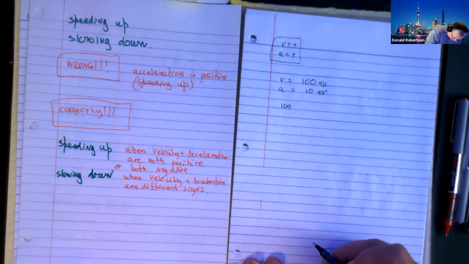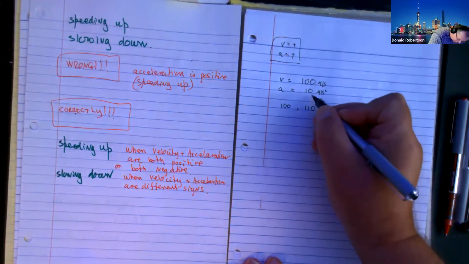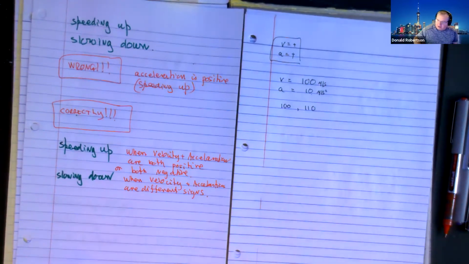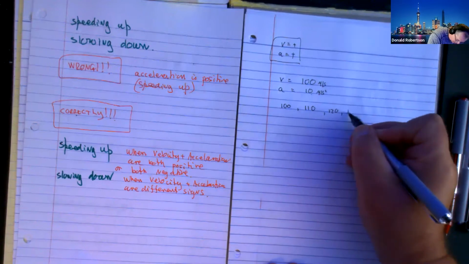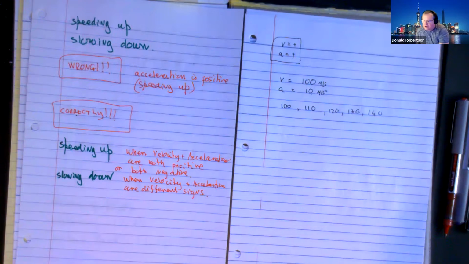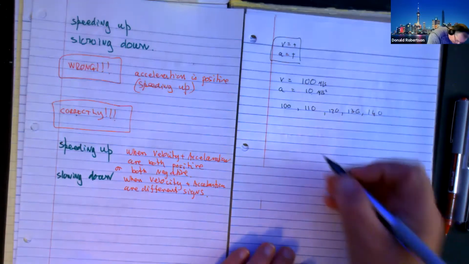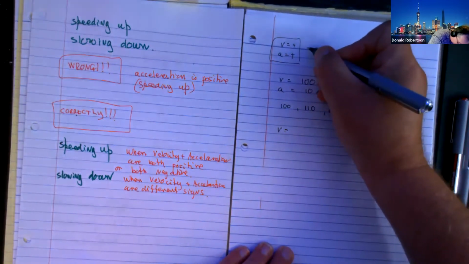It's going to be doing 100 meters per second. 1 second later, it's going to increase to 110, right? Acceleration is the rate at which velocity changes, right? So it's going to go 100, 110, 120, 130, 140. Does that look like that's getting faster and faster and faster? That's what we call speeding up, isn't it? Makes sense. So that is speeding up.